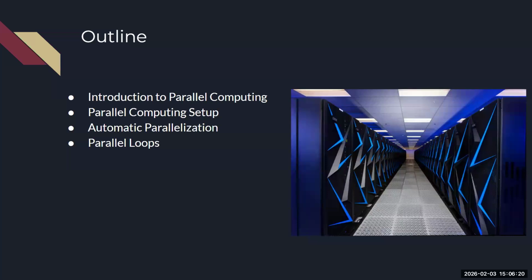And then we'll talk about a couple of different strategies for parallelization within MATLAB. We'll cover automatic parallelization, which is just functions that already have parallel computing enabled, and how to go about using that. And then we'll talk a little bit about parallel for loops. If we have time, there's a couple of other strategies that I might go into, but these are going to be the main work.